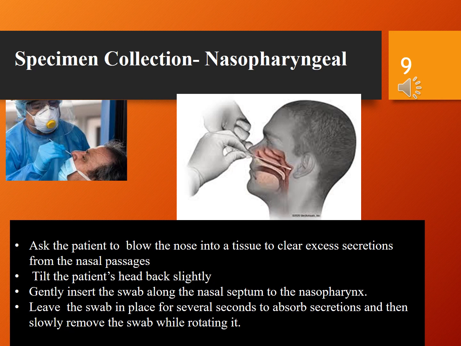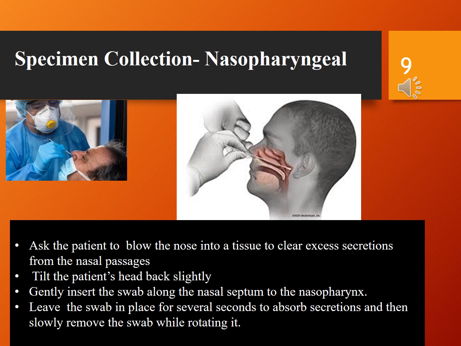Ask the patient to take off their mask and blow the nose into a tissue to clear excess secretions from the nasal passages. Tilt the patient's head back slightly and ask the patient to close their eyes as it will lessen the discomfort.